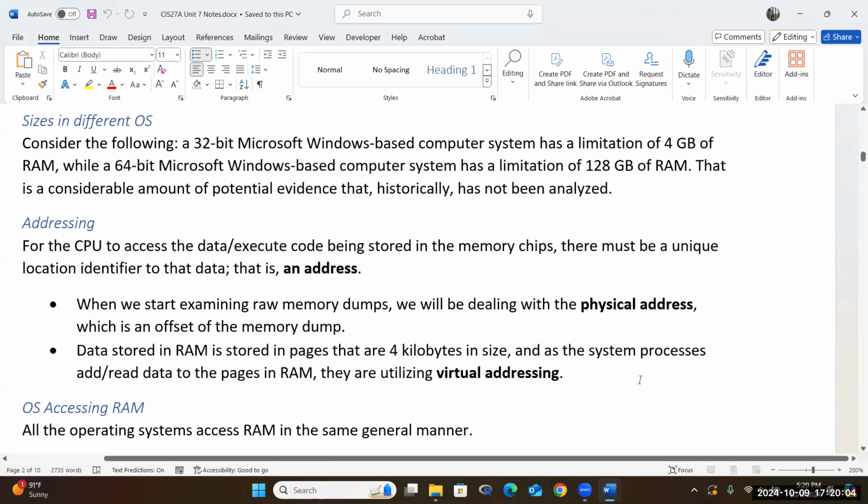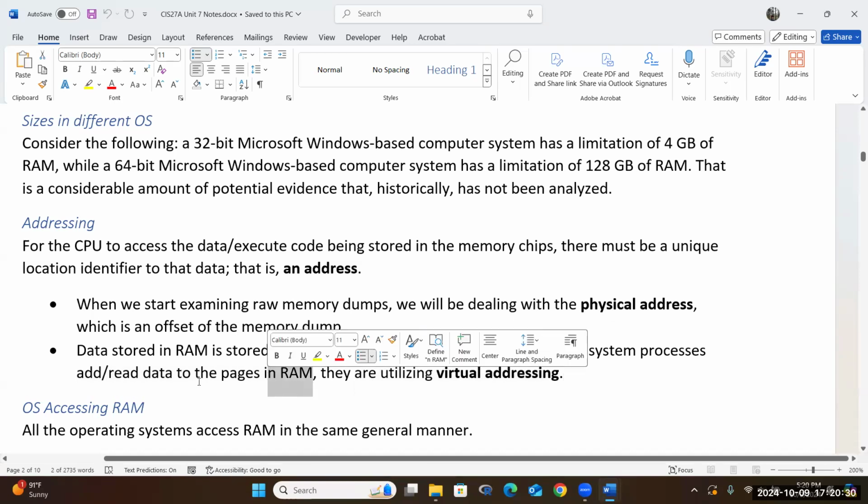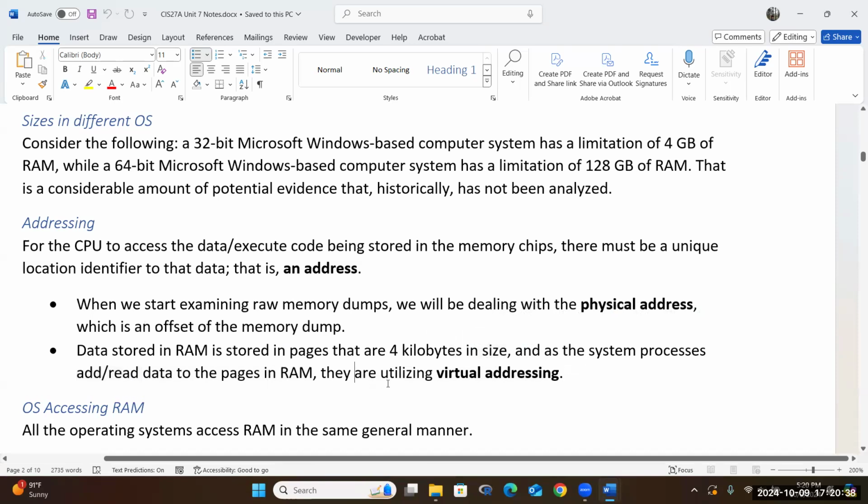Things like when you are running web applications, it would load the virtual type of storage or memory, and it uses virtual addressing. So this is a way that it would be able to read the pages on RAM or the storage. Virtual memory is on the hard disk, and then your RAM is actual memory storage. Okay. So here it talks about how it is 4 kilobytes in size, and your processes are able to read the data in pages on the RAM using virtual addressing.